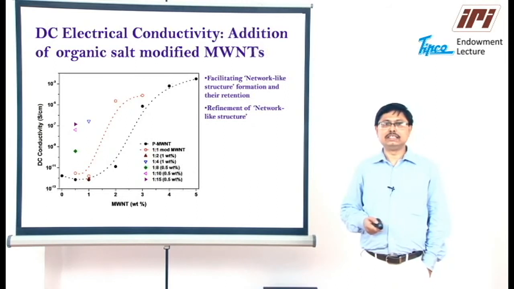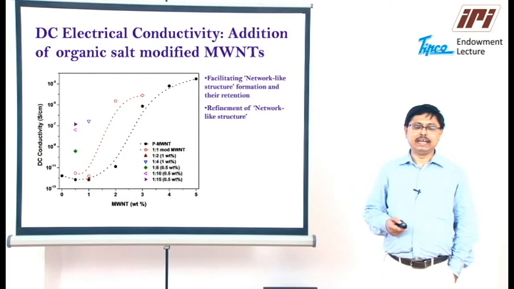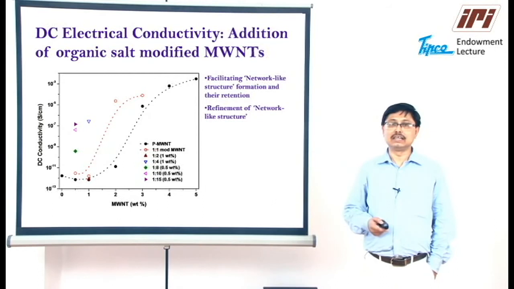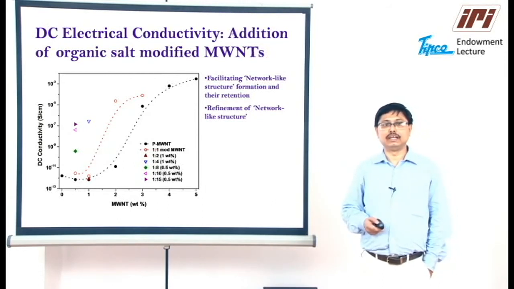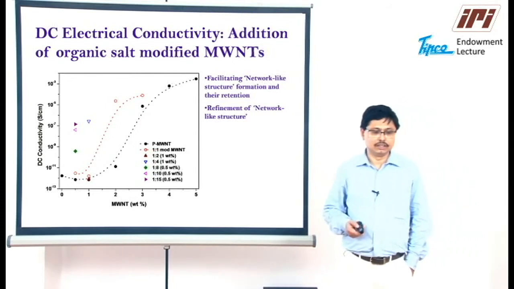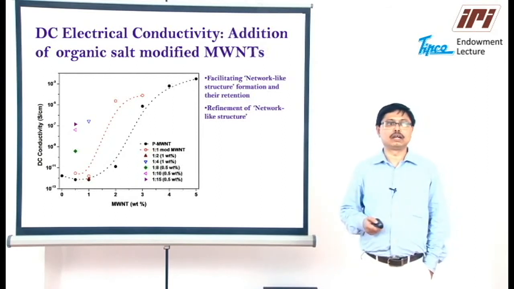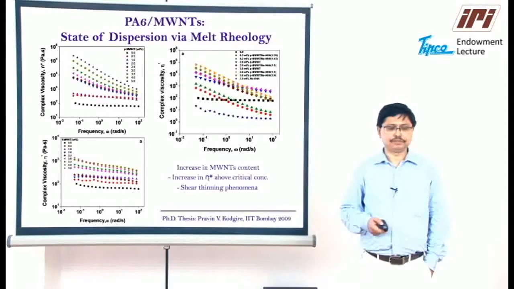This indicates that the presence of NaHA facilitates network-like structure formation and its retention during crystallization, as the material solidifies from the melt to the solid. It also suggests a refinement of the network-like structure of the nanotubes, where more individual nanotubes are involved in the network-like structure formation.